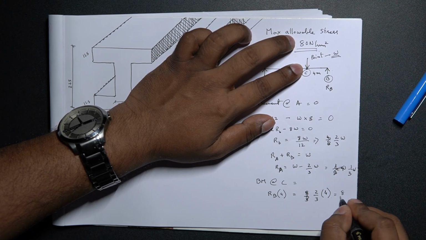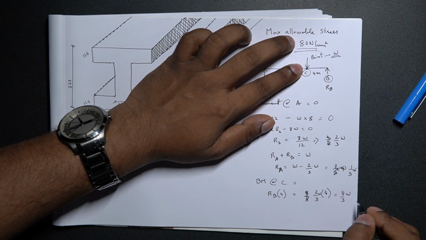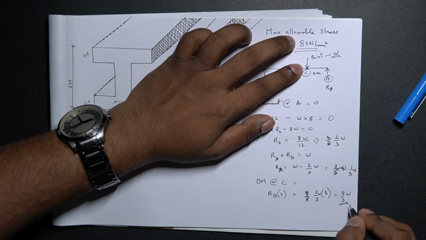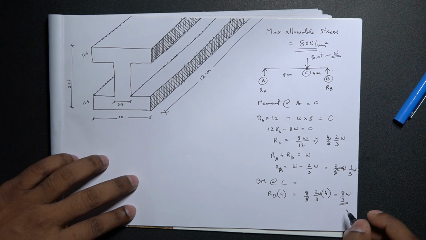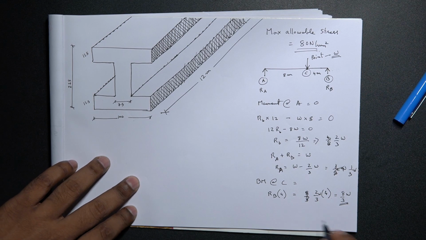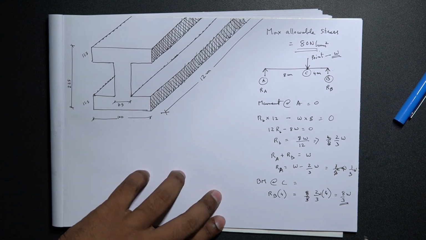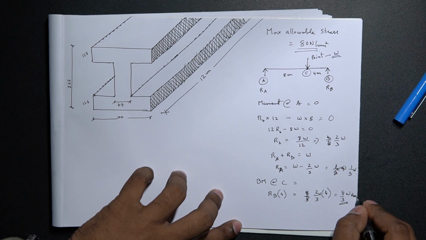So it gives us 8 by 3 W. The unit is Newton meter.